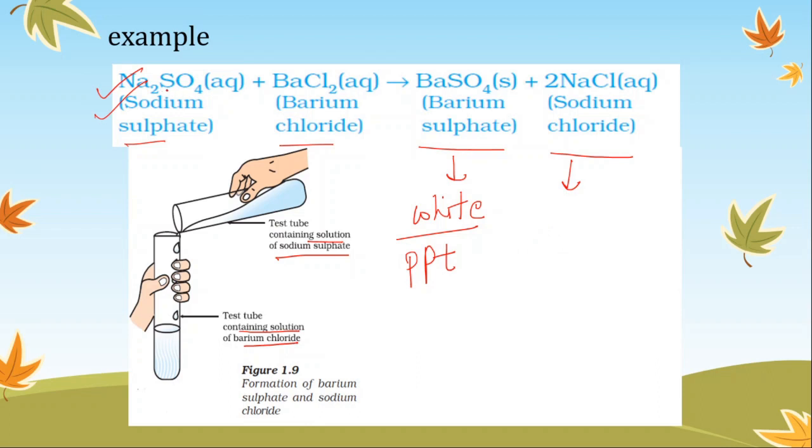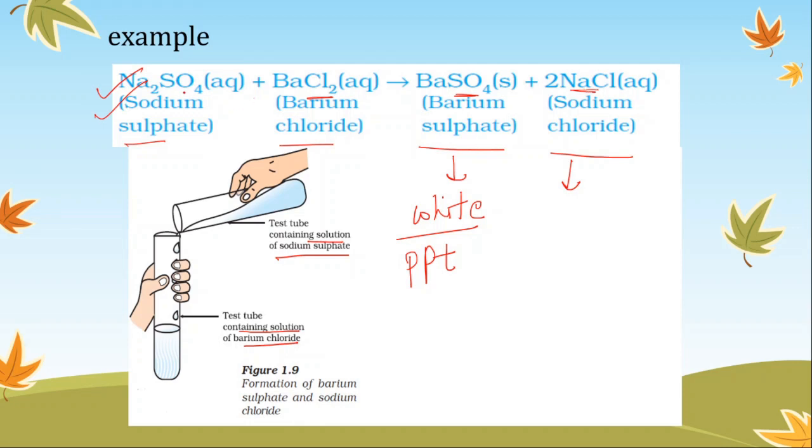Now we can see what would have happened in this reaction. The sulfate ion has exchanged its place with barium, and in the same way the chloride ion has exchanged its place with sodium. Earlier the chloride ion was with barium, now it has formed a new compound with sodium.